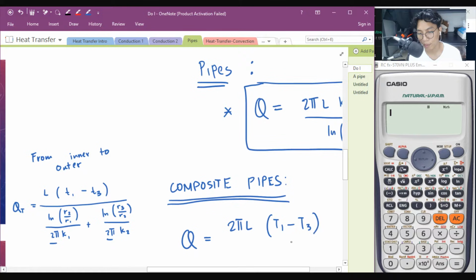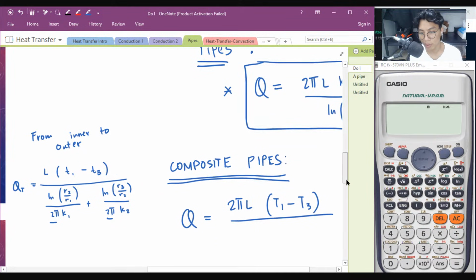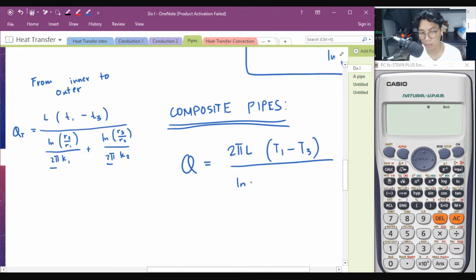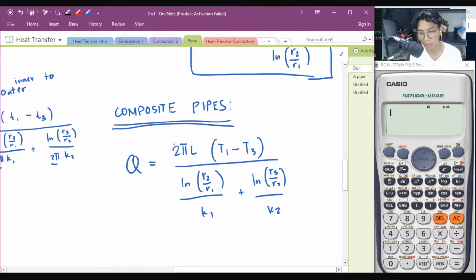Okay? Divided by yung natural logarithm nung unang section, R2 over R1 over K sub 1 plus natural logarithm ni R3 over R2 over K2. Pinactor out ko lang naman yung same.